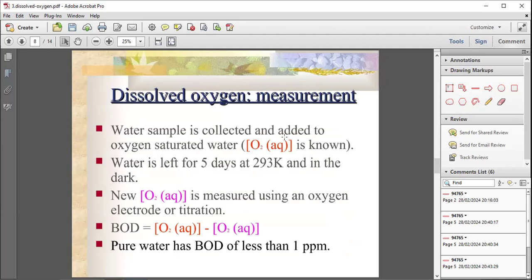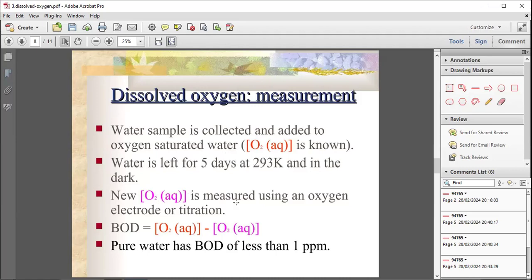The water sample is collected and added to oxygen saturated water, known as aqueous O2. So the water is left for 5 days in the dark.